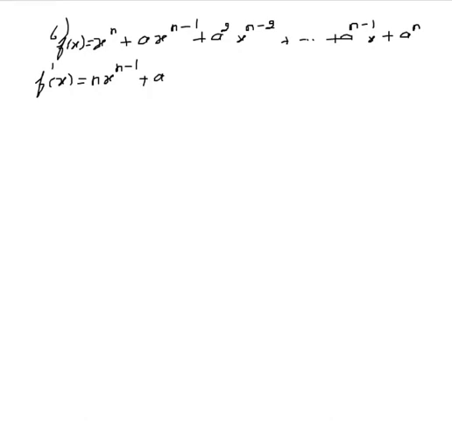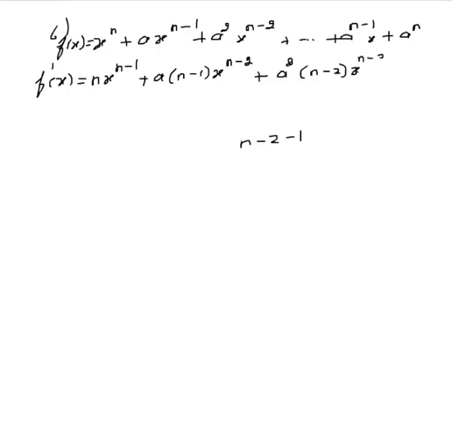A is a constant. Differential of x power n minus 1 is n minus 1 x power n minus 2. N minus 1 minus 1, it becomes power n minus 2. Next term, a square n minus 2 times x power n minus 2 minus 1. You have to reduce the power by 1.